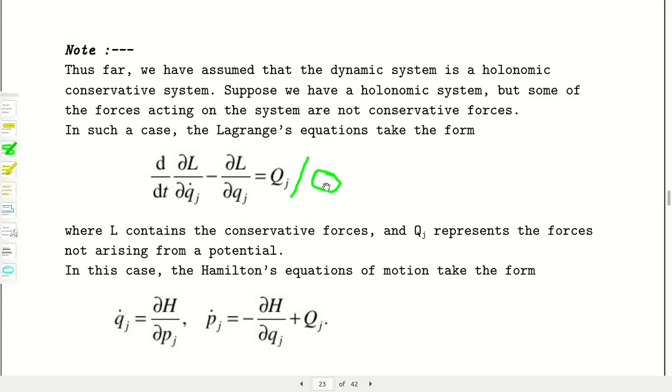It is 0 when this Qj, the generalized force, is derivable from the potential, that is, it can be written as minus del V del qj, then you can write 0 over there. But if it is not, such as constraint forces that are not derivable from any potential, then Qj will be there and not equal to 0 on the right hand side of Lagrange's equation of motion.